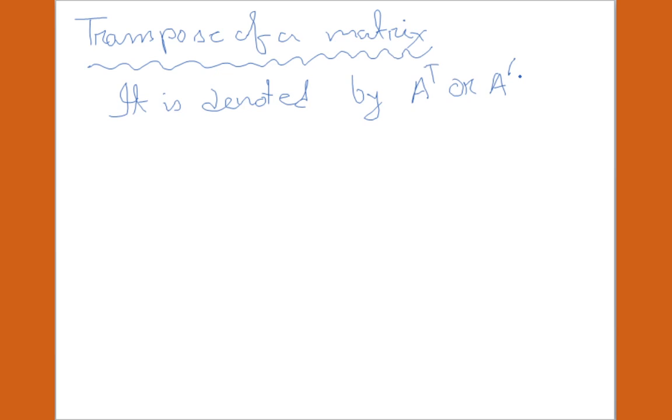So how can we find the transpose of a matrix? Simply we interchange the rows and columns of a matrix.